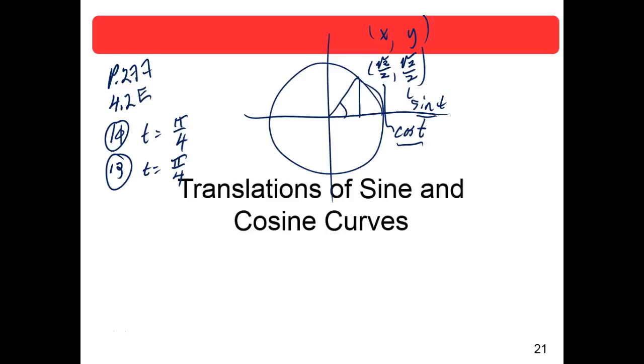You want to do it for pi tenths? Okay, let's do it for pi tenths. Okay, t equal pi tenths. How would you do that? What would be the x, y value? That's all we're looking for. X, y, to the nearest decimal point. Well, I guess change the pi tenths maybe to a 3.